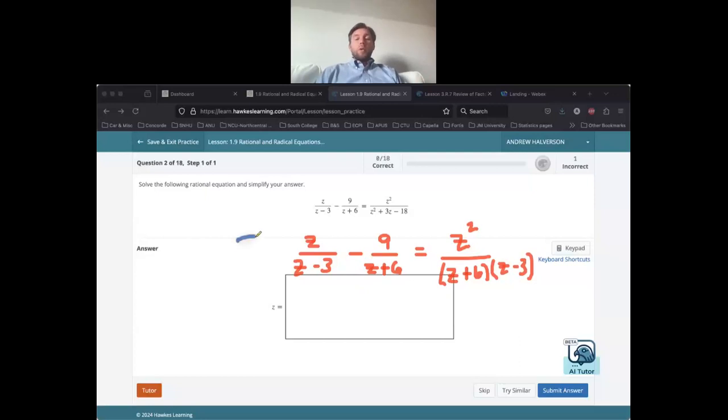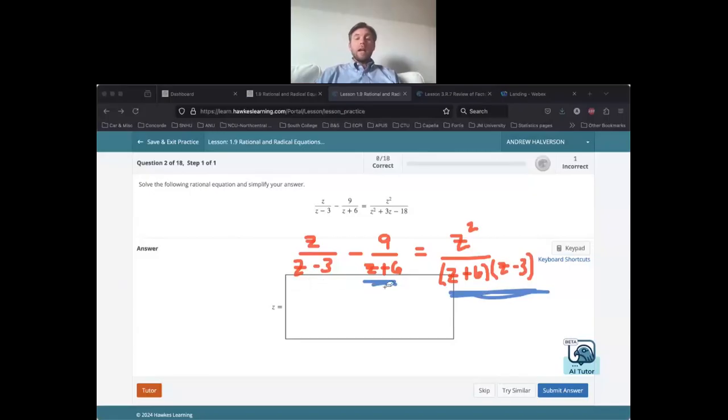So what am I going to multiply on both sides? Take one of everything. Look at your denominators. When I say one of everything in this case, what does that mean? Well, I'm going to take a z minus 3, this thing right here, and I'm going to take a z plus 6. I already have them over here too, so I don't need to take another copy. I just need one copy of each.